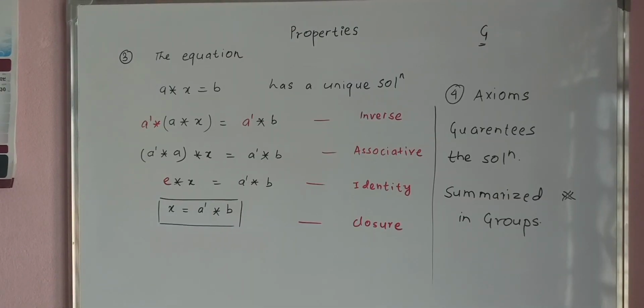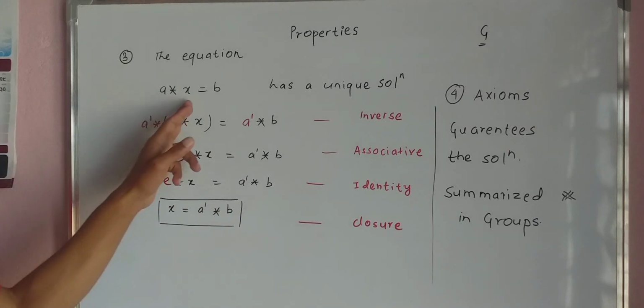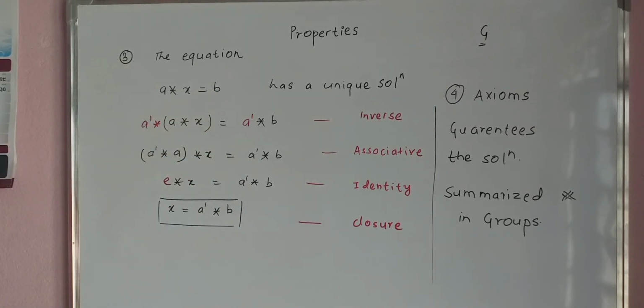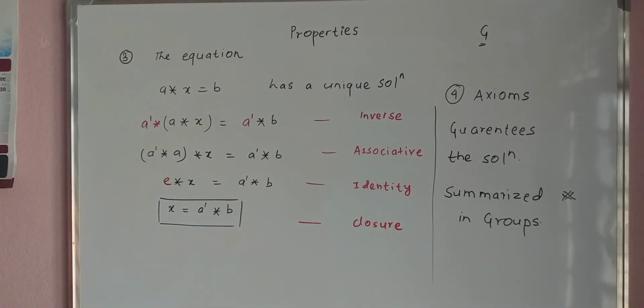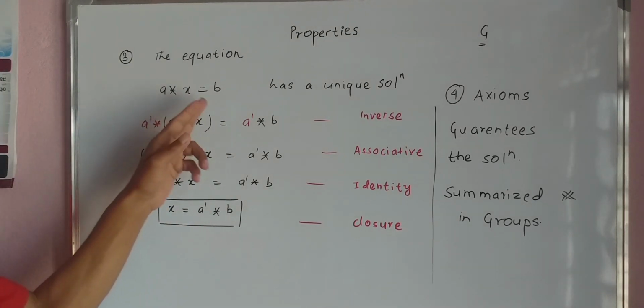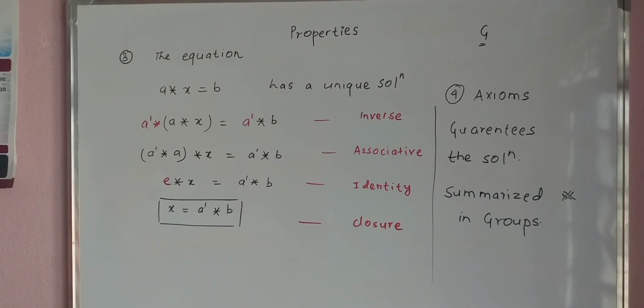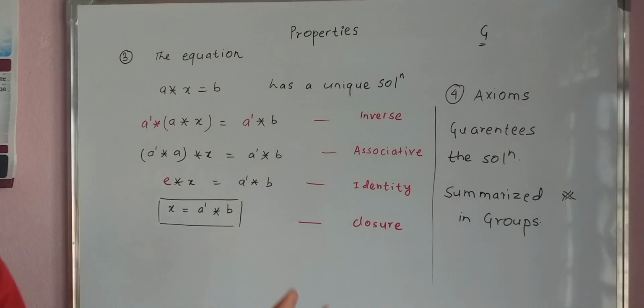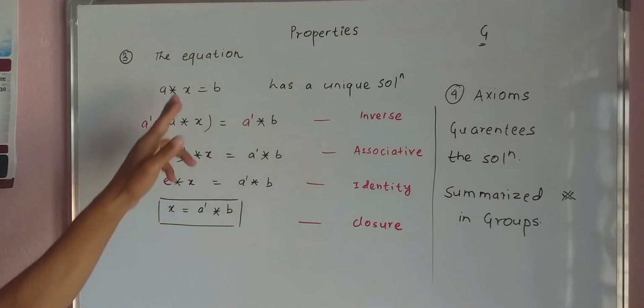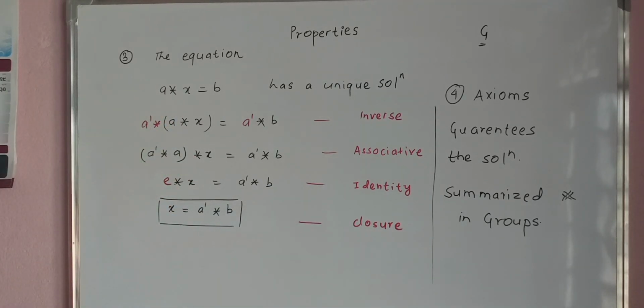The third property is the equation ax equals b has a unique solution in G. So it all came down to the solution of equations. As discussed earlier, this is what motivated the study of groups. First, we show that the equation has a solution. We need x alone on the left hand side.